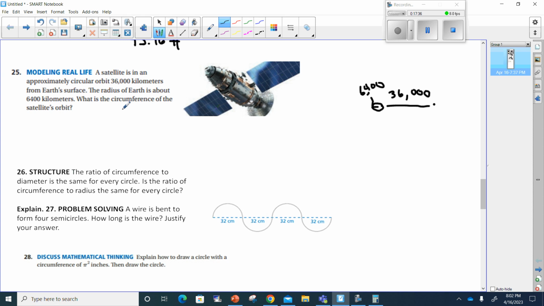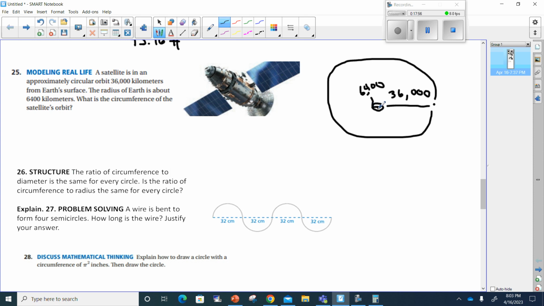All right, so what is the circumference of the satellite's orbit? If I look at Earth as the center, and I realize the satellite orbits around the Earth in a big circle, this is an ugly circle I'm making here, but it is supposed to represent the middle.